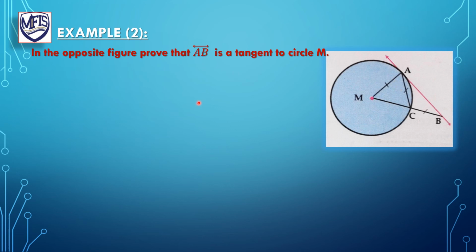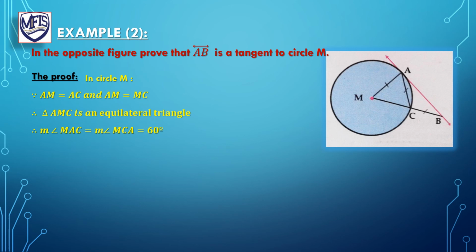Let's see the steps. The proof. In circle M, since AM equals AC and AM equals MC, therefore triangle AMC is an equilateral triangle. That means measure angle MAC equals measure angle MCA equals 60 degrees.